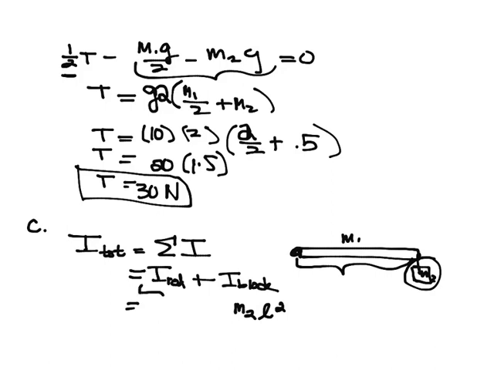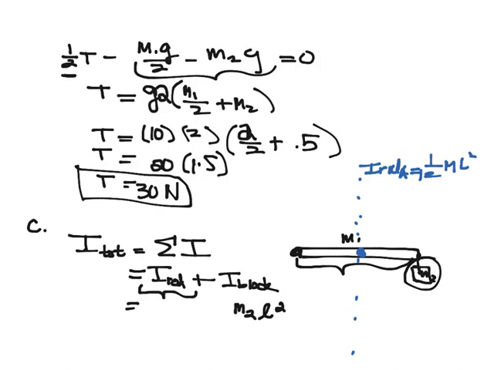Now for the rod, we know this, if our rod was rotated around its center, I rod A is equal to 1/12 M L squared.